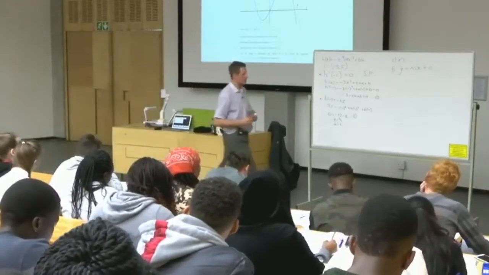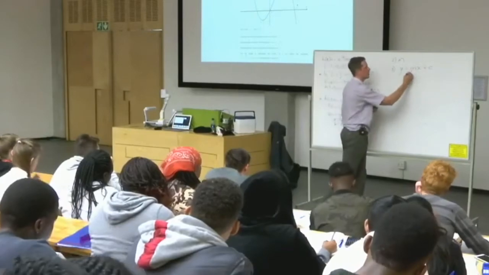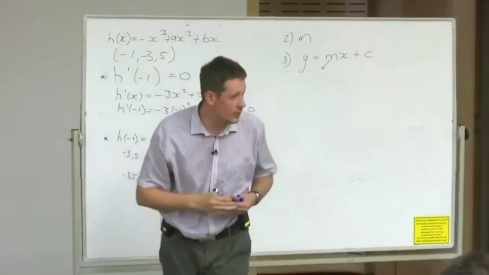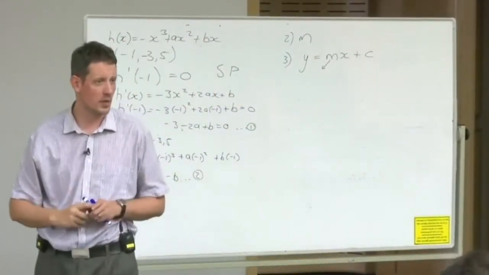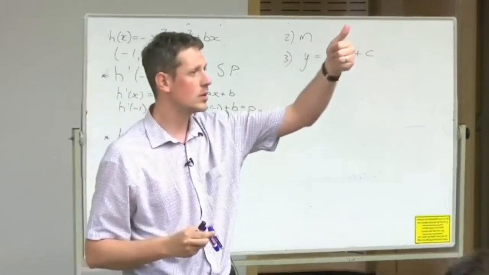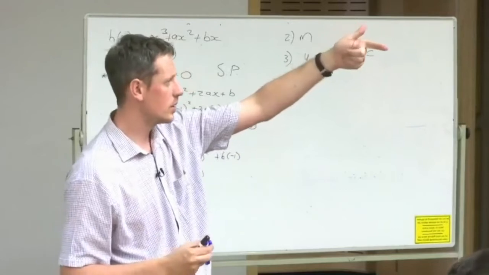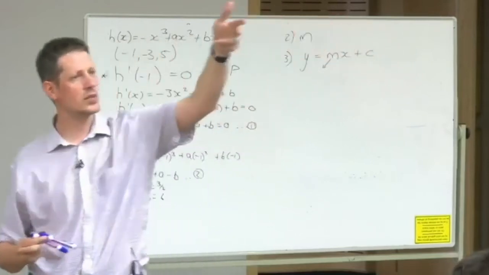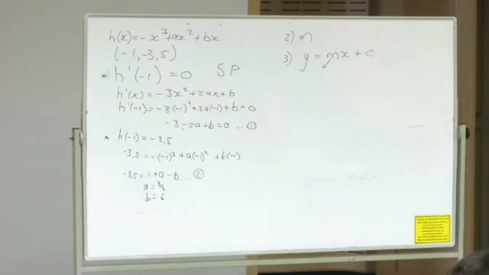So if I look at m, there are 5 ways of determining a value for m. 2 points, parallel lines, perpendicular lines, inclination angle, differentiation.